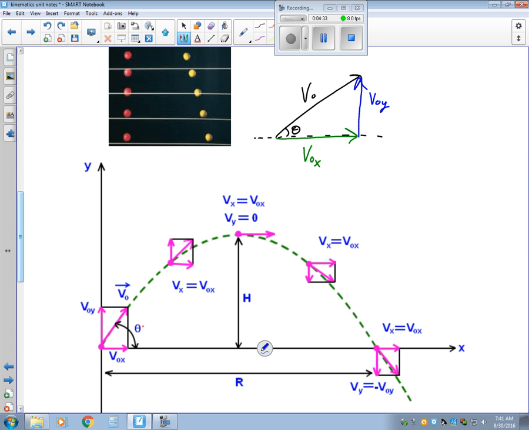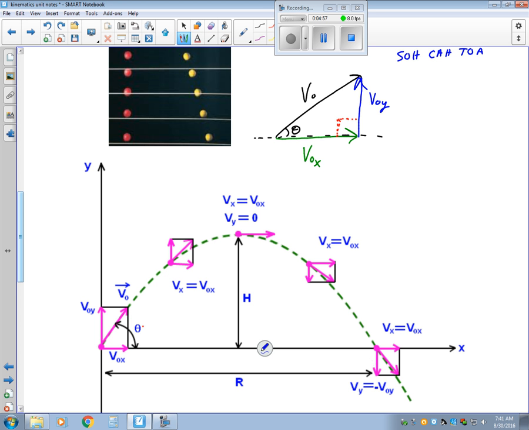Now notice what I've done here is I have created a right triangle. So I can use some right triangle trigonometry to find this. So remember your SOHCAHTOA. Sine is opposite over hypotenuse.